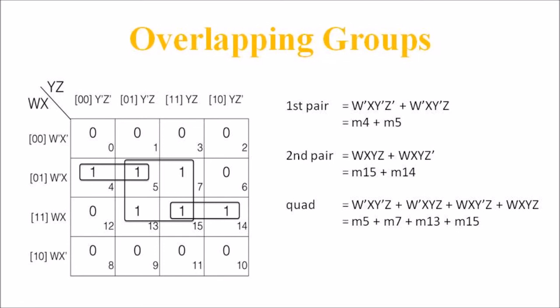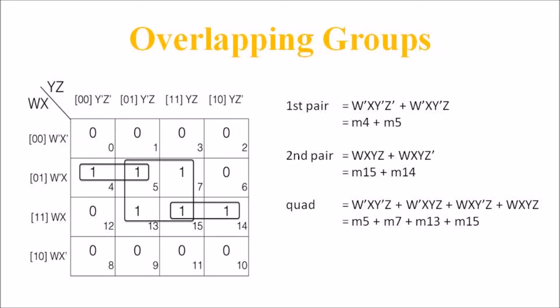The first pair is M4 plus M5, the second pair is M15 plus M14, and the quad is M5, M7, M13 and M15. If you look at M5 and M15, they are overlapping. The overlapping helps in getting a simpler expression after reduction.